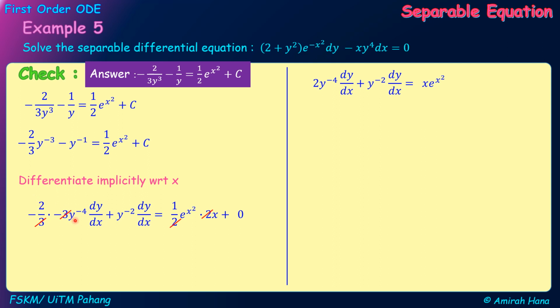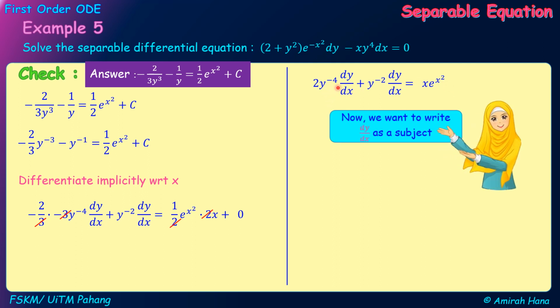And then 2y to the power of negative 4 dy over dx, and then plus y to the power of negative 2 dy over dx equals to, we move x in front here. So we get x e to the power of x squared. And then plus 0. No need to write.